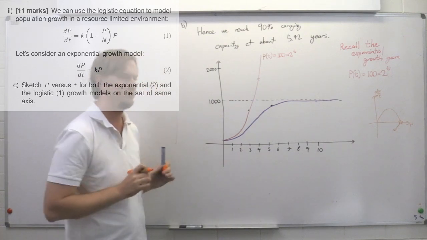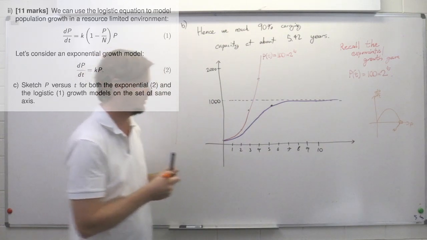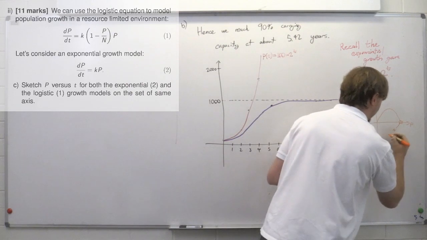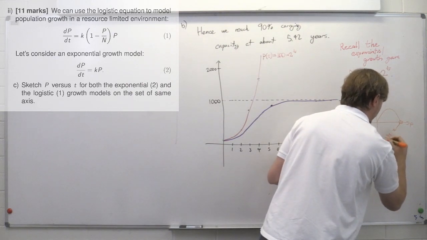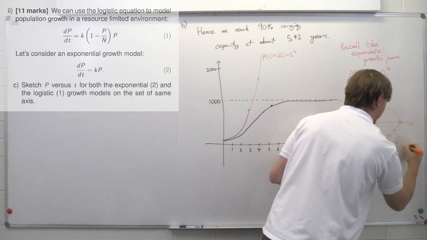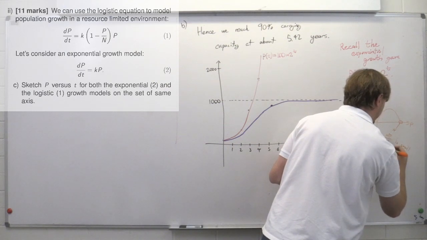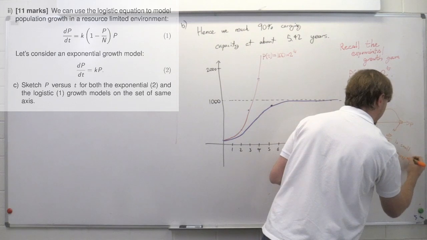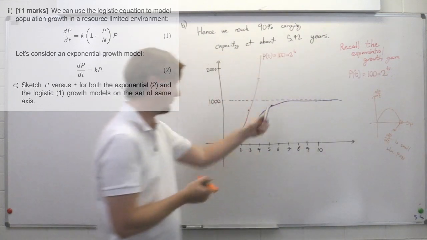It's slowing down as you're approaching N. So that's really what this is saying here, that dP/dt is small when P is approximately close to N. So that's what I'm sort of seeing in this baby here.